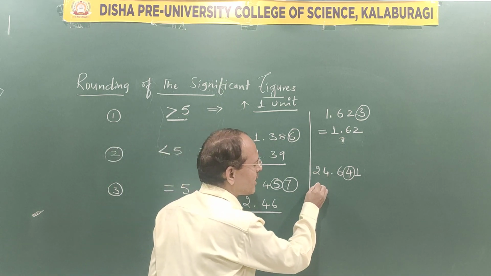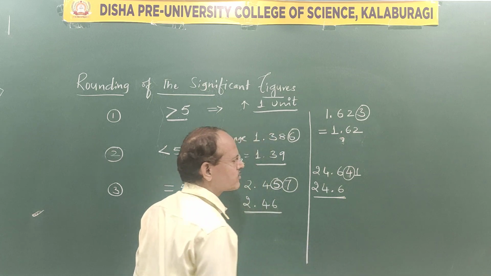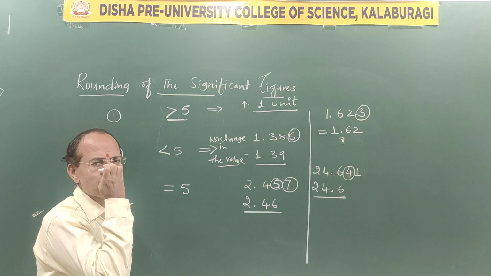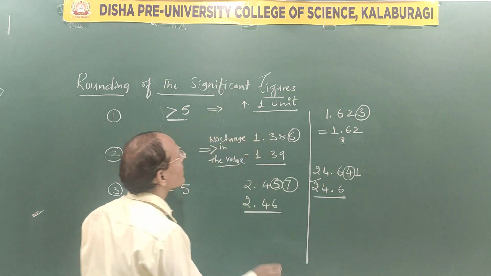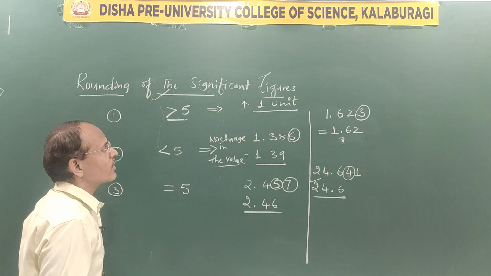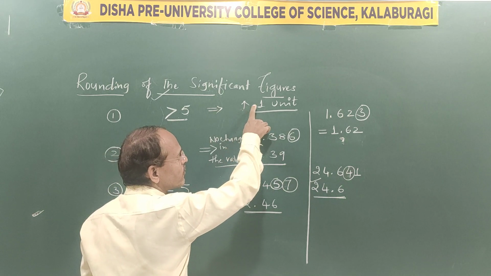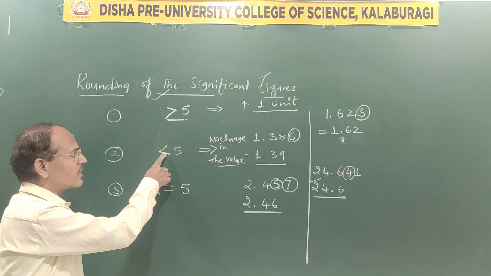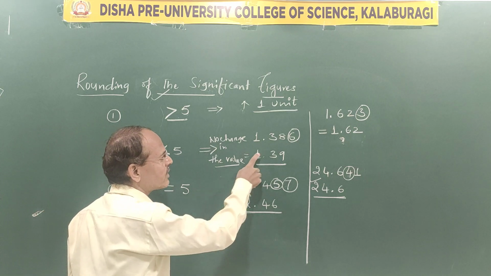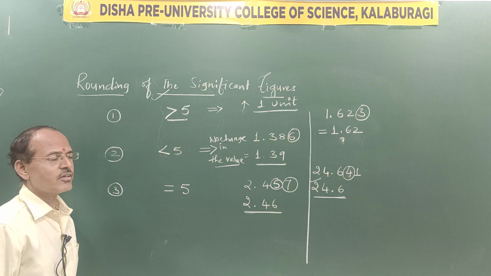So at that time I can write 24.6 only. That is what we call rounding off. If it is greater than 5, the preceding number will be increased by 1 unit. If it is less than 5, the preceding number remains as it is without any change.